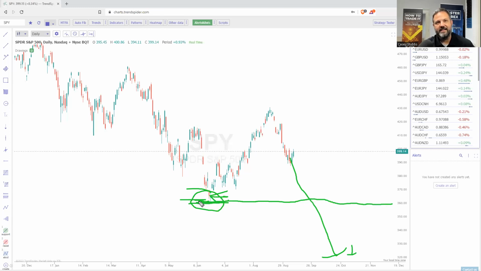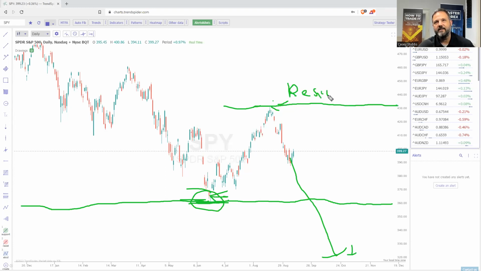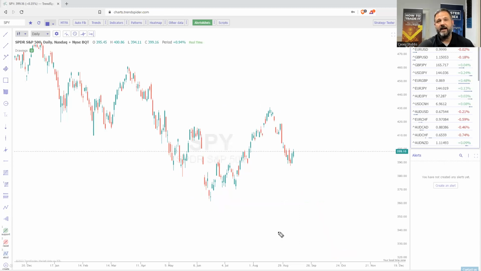Just like right here, this top candlestick pattern that developed will never move, and this is a resistance level. So you want to keep in mind whenever you're trading Fibonacci your support and your resistance levels. Very important. So you have your support, your resistance, your swing high, and your swing low.